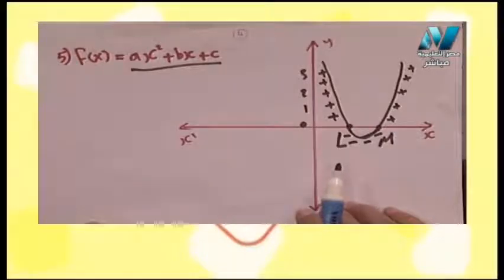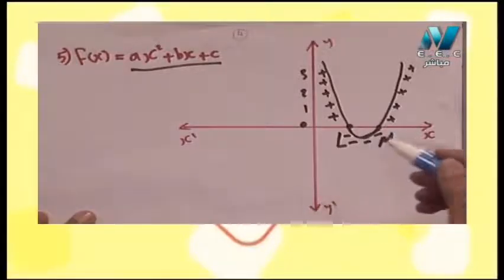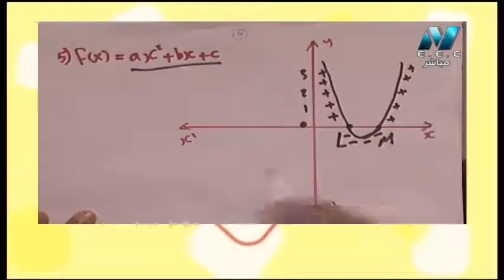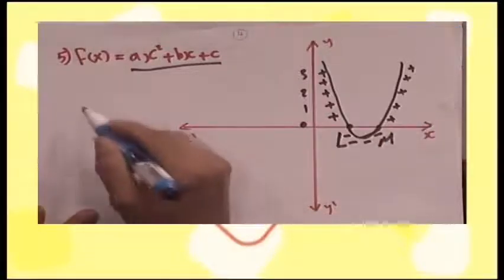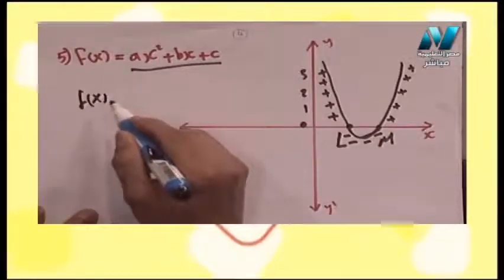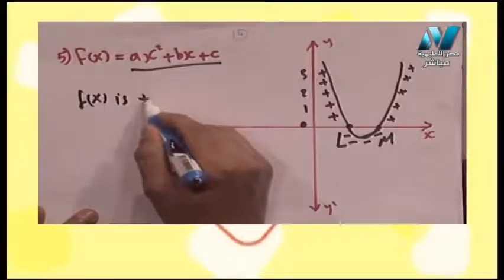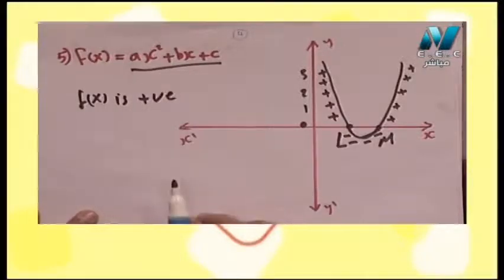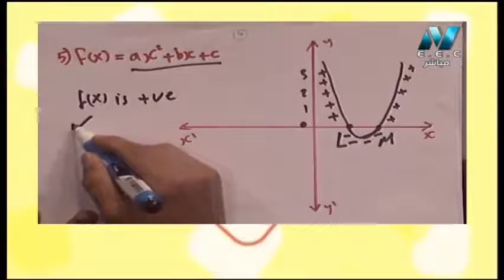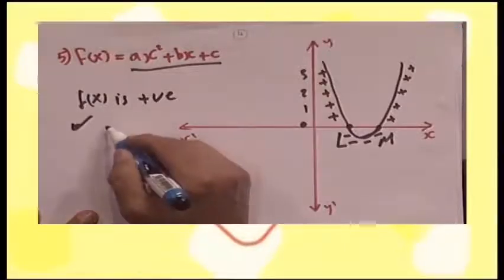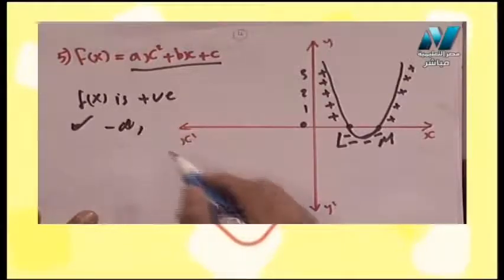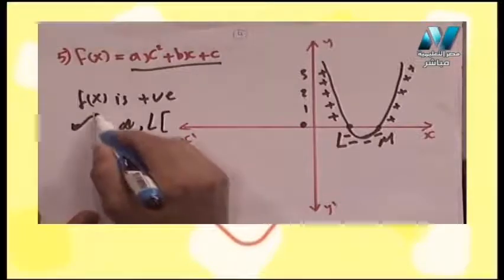So if we would like to discuss the sign of it, we will say that this function f(x) is positive for all x in negative infinity to L, open.